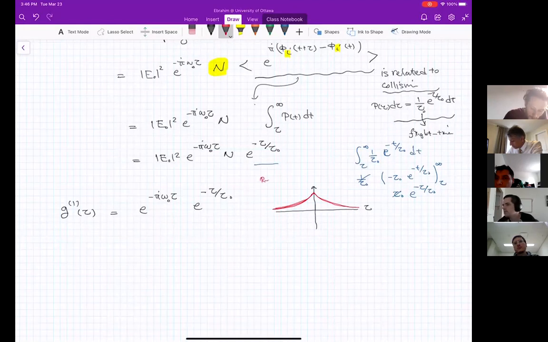If I look at the real part of G1 of tau, people, they look at the absolute value of G. They don't look at the G1, the quantity of this. So the real part is a cosine, it starts from maximum.